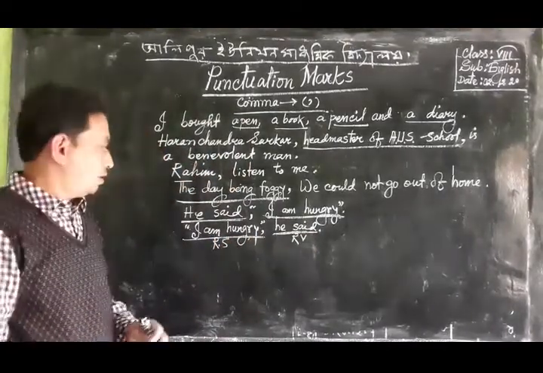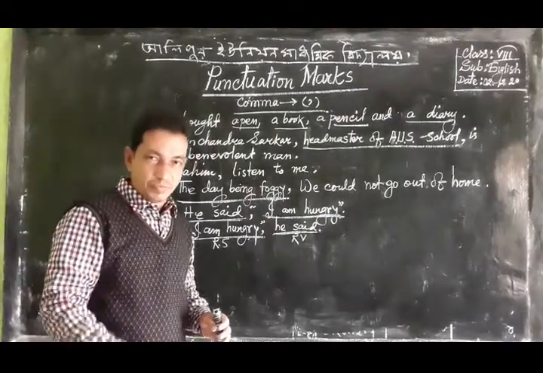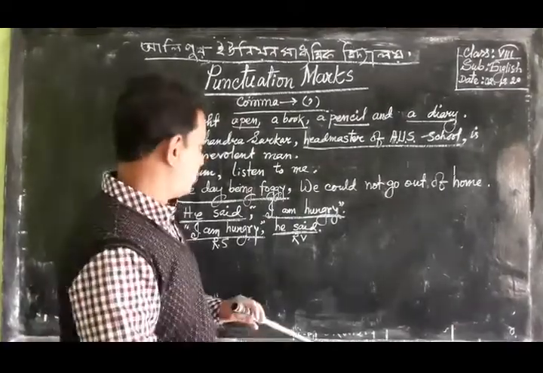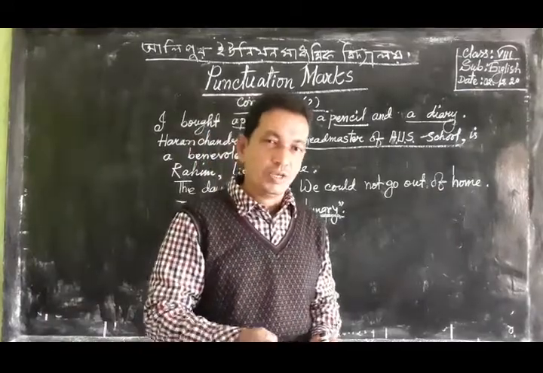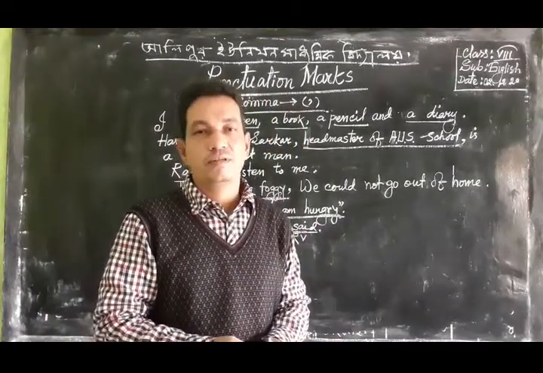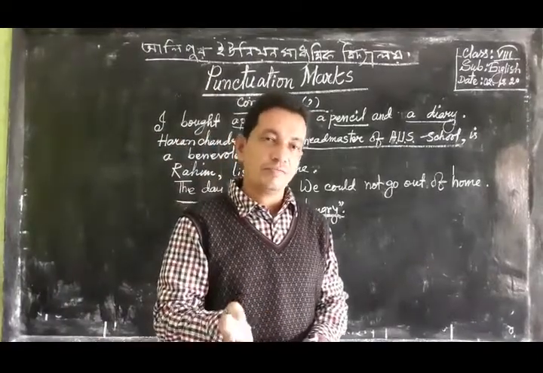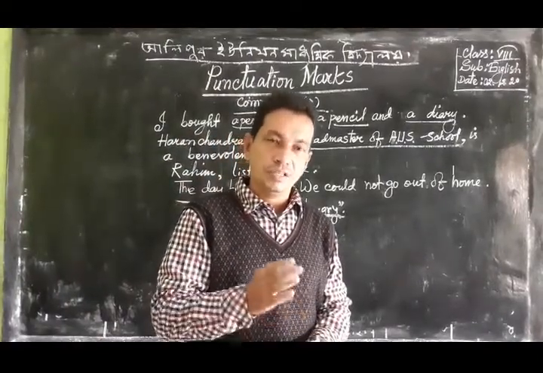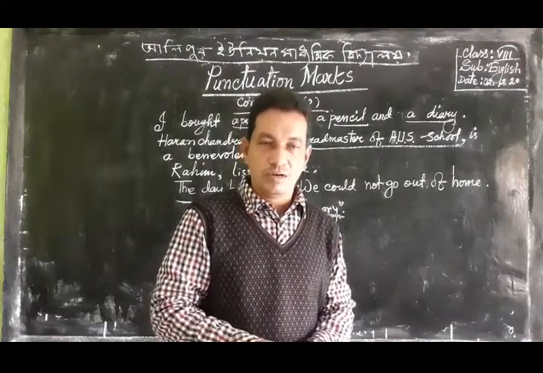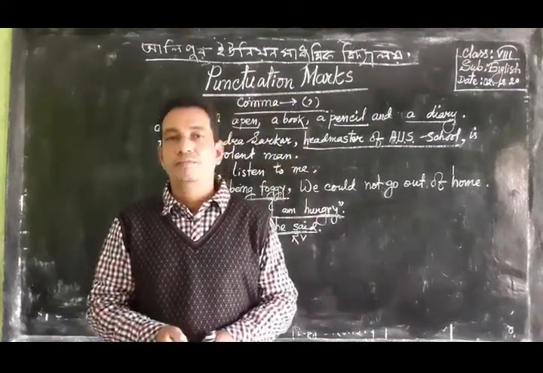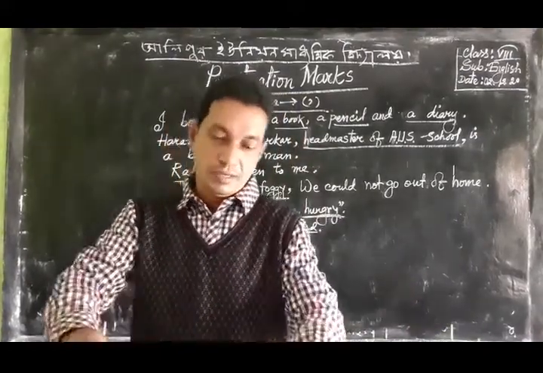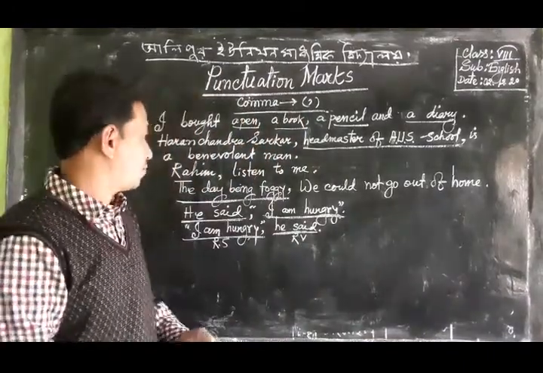But when reported speech comes before reporting verb, comma must be used after reported speech. And when reporting verb comes before reported speech, we must use comma after reporting verb. Okay, dear learner, this is another type of use of comma.